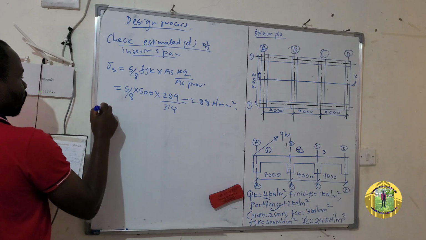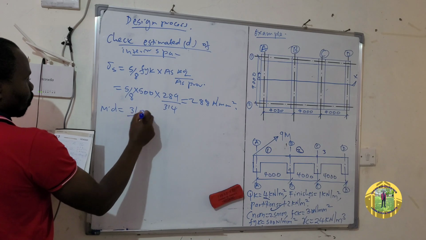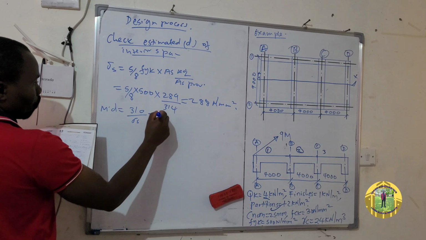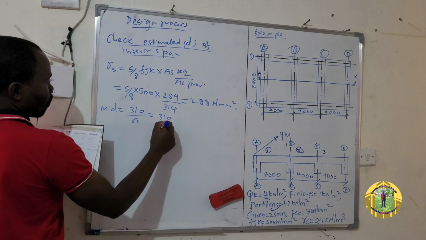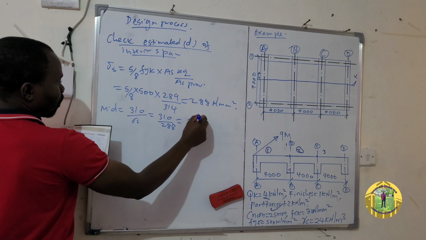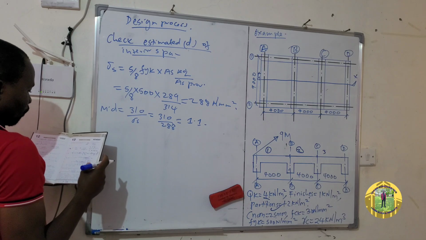And the modification factor is equal to 310 over service stress, which is 310 over 288. So this is the same as our first case, which is 1.1.